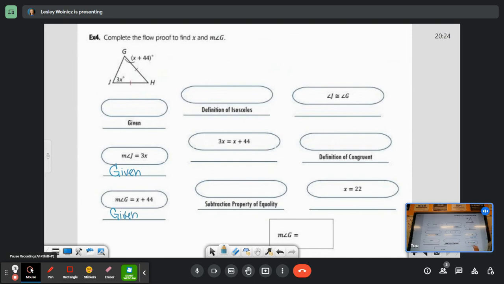The last piece of information that we need to write down as given is that these two are congruent. So I can say segment JH is congruent to segment GH.